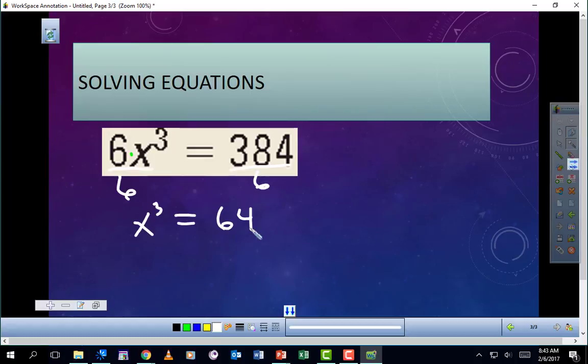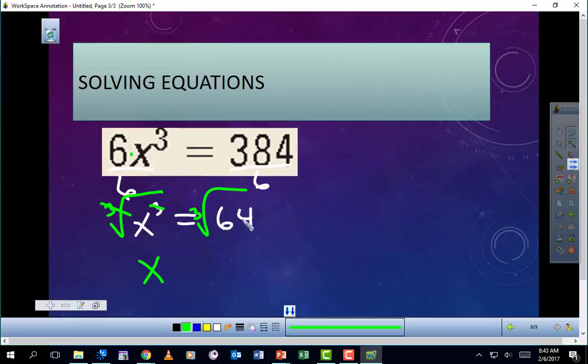Well, now, as I've been saying, to solve any equation, you have to do the inverse operation. The inverse operation of a cube is a cube root. So the next step we'd like to do is to do a cube root here and a cube root here. These are inverse operations, so the cube cancels off the cube root, which leaves me with x.